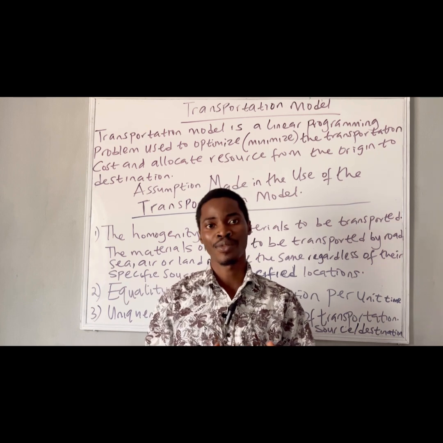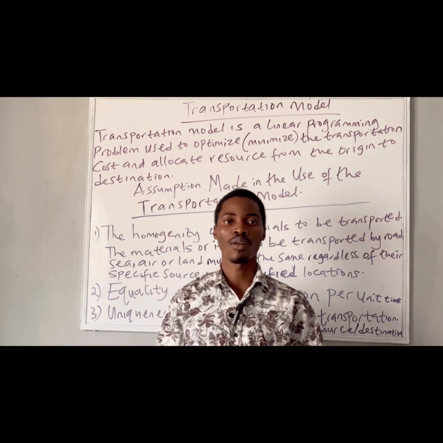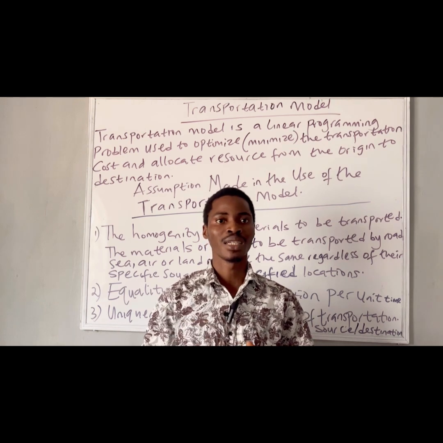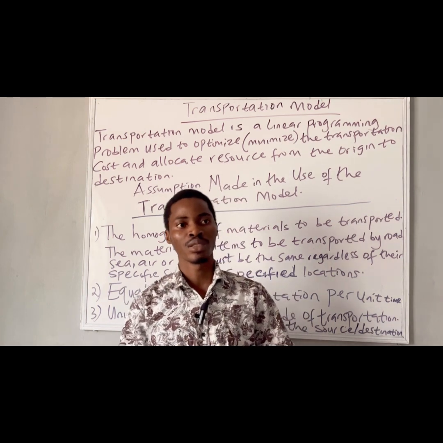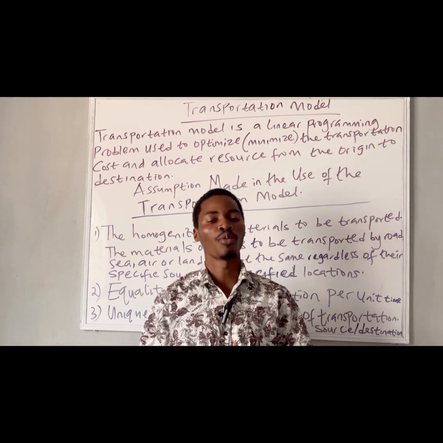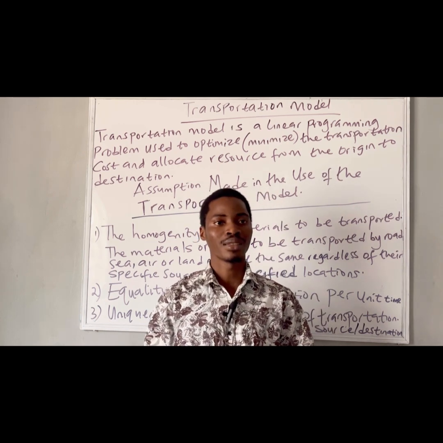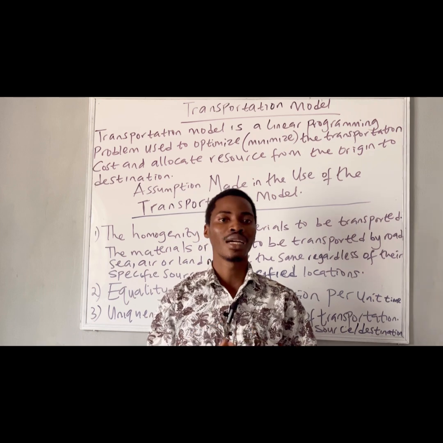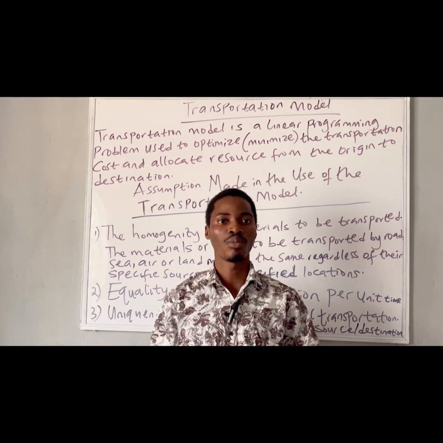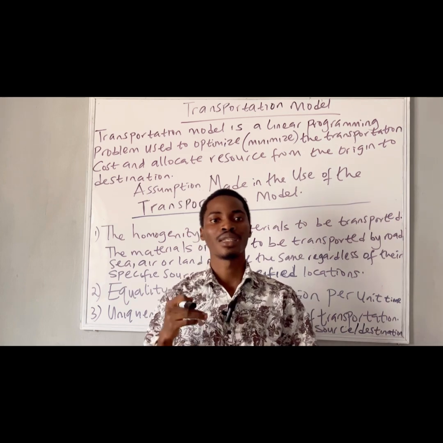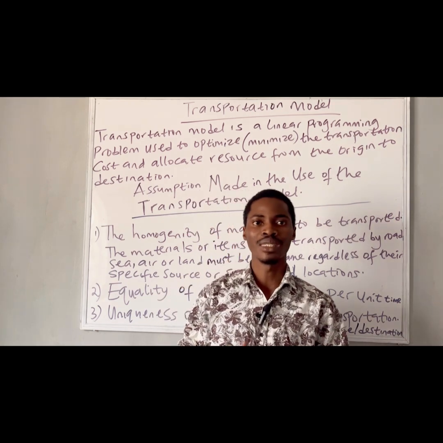In transporting cows from the five towns, they have a maximum number of cows that they can supply, while those in the southern part have a maximum number of cows they can demand.